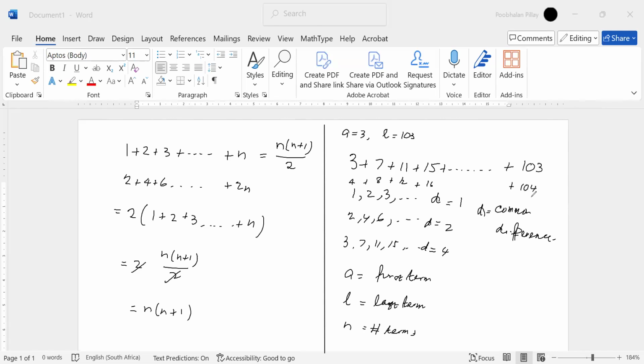Now here you can calculate how many terms you've got, because this has the same number of terms as the top one. You can count here, because this is 4 times 1, 4 times 2, 4 times 3, 4 times 4, and this is 4 times 26. If you divide that by 4, there are 26 terms in this, right?